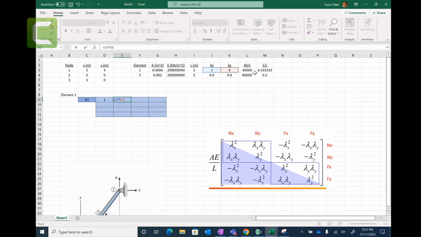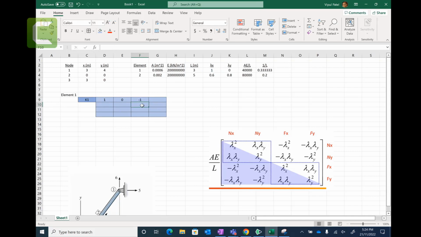Please note element number 1. OK, 0, equal to minus. Please be careful here. Use the bracket. If I don't use the bracket and I do it this way, it will just give me the positive answer, which is not correct. Please make sure you use the bracket before this and these ones.